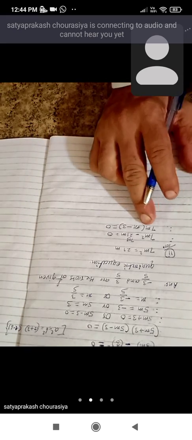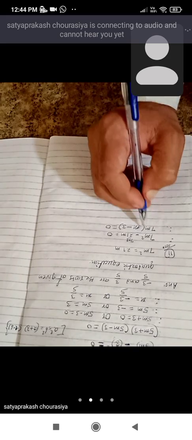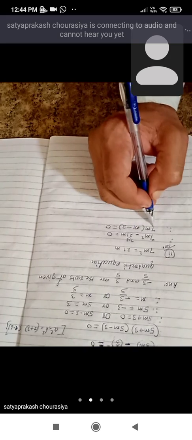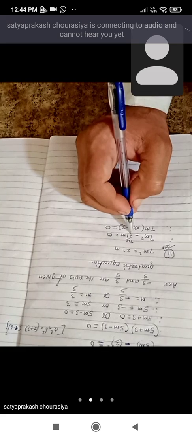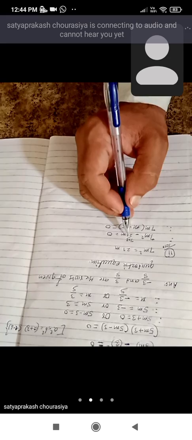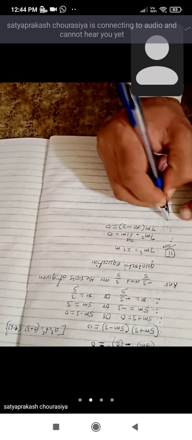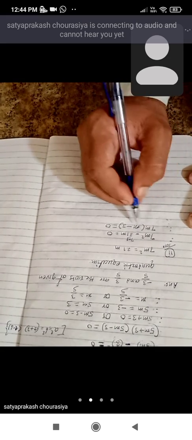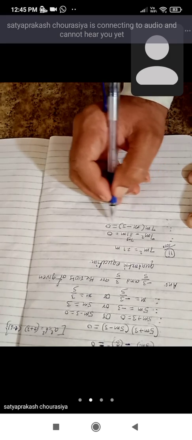It's clear now. देखो यहाँ पे m कॉमन ले लिया तो एक m बच गया और 7 ऑलरेडी कॉमन में है and 21 is broken down into 7 into 3. So now 7 is taken as common, so 3 will be left. So now see here, 7m into (m minus 3) is equal to 0.